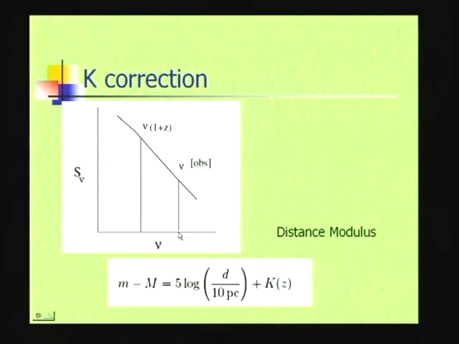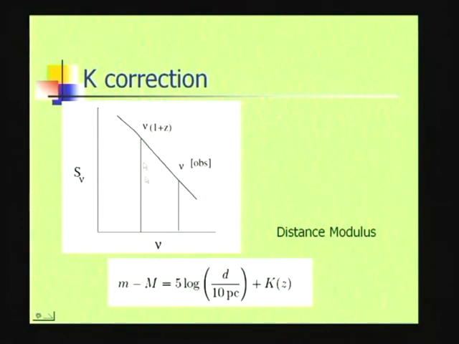Now, there is a complication. The complication is this: when I observe at a frequency nu and my object is at a redshift of z, in the rest frame of the object I will actually be looking at a frequency nu into 1 plus z, and I will be receiving this amount of radiation.